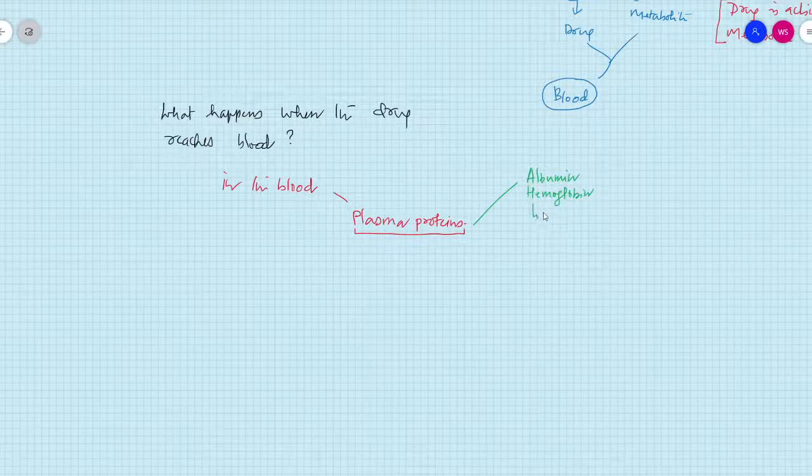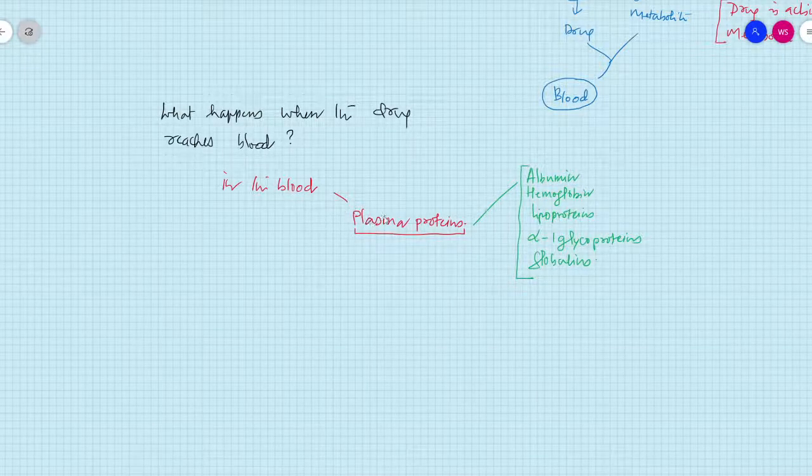There can be lipoproteins, alpha-1 glycoproteins, and globulins.